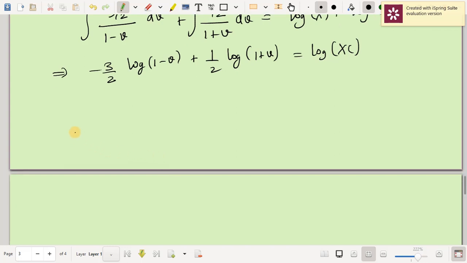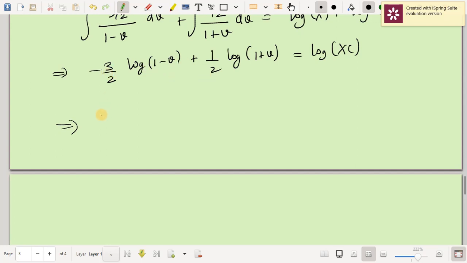Further we can simplify this using the property of log. The half goes to the power: this is log of 1 plus v the whole raised to half, and this is log of 1 minus v the whole raised to 3 by 2, and this is the difference.